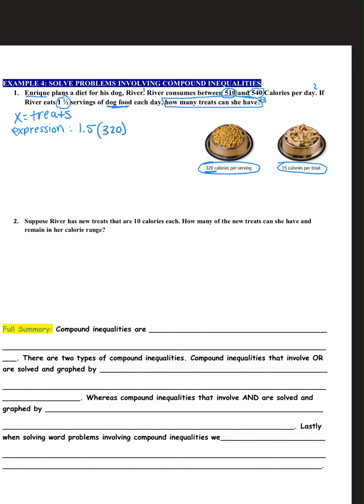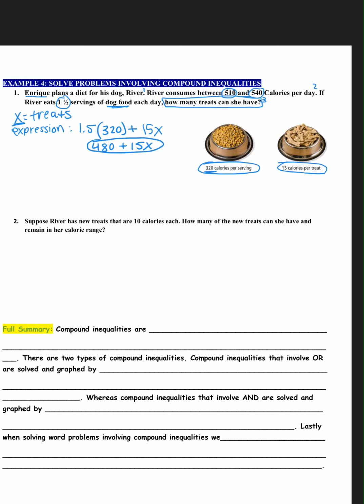In addition to all of her dog treats, which are 15 calories each, and we don't know how many treats, so she's going to have 15x, and that's our expression. Now I need to multiply 1.5 times 320, and I get 480, and then I'll just add the rest down. So this is our expression.